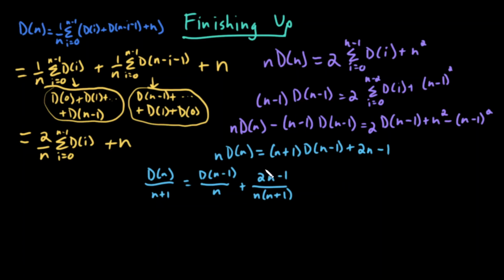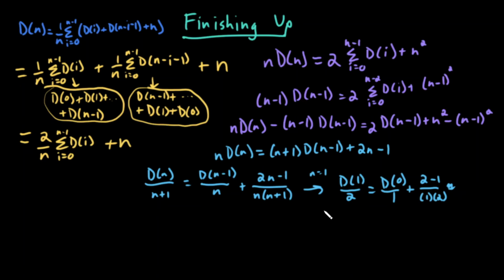And if we do n equals 1, the base case would be d of 1 over 2 equals d of 0 over 1 plus 2 minus 1 over 1 times 2.